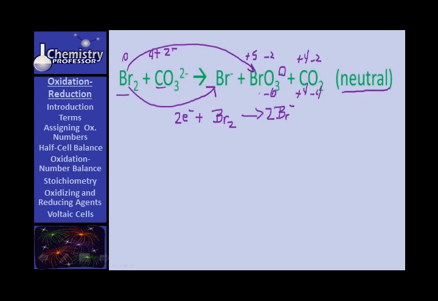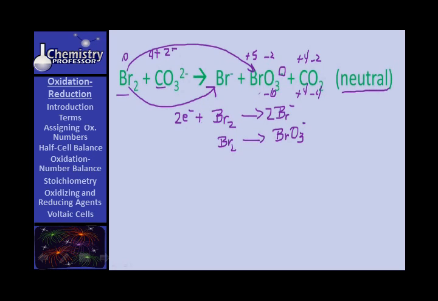Good. Now let's go to the other one. Let's take one of the other bromine molecules and say this Br2 is producing BrO3 with a -1. Now each of these bromines is going from 0 to +5.